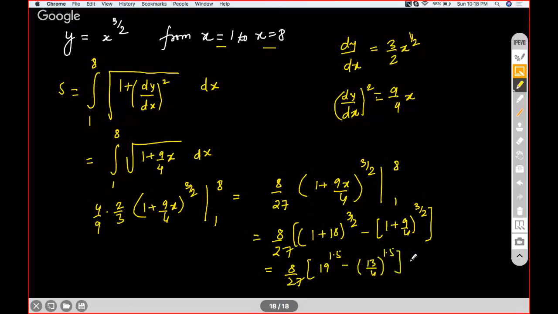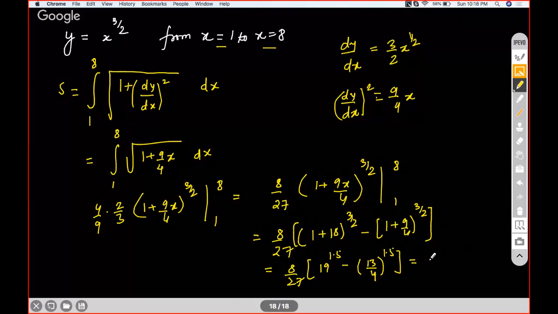How much is it coming out? They say it should come out to be 2.2 something.